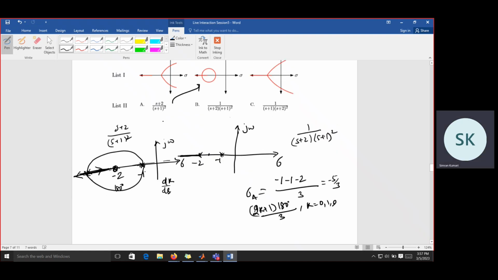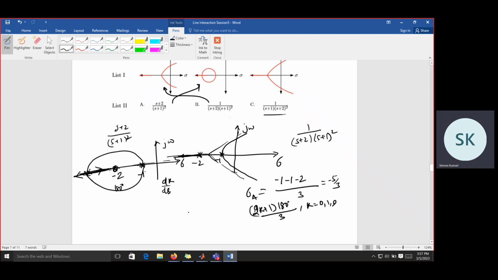So this will be like 60 degree and then 180 degree in this angle. So now we know that this pole will proceed like this, and these two poles have to break away. So it will break away and move along the asymptote. So this is the root locus.